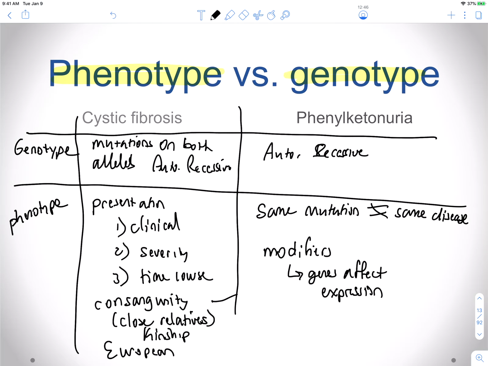And so consanguinity has been shown to link to these modifiers, mutations in modifier genes that can result in different phenotypes within the phenylketonuria disease. And this has kinship also, and it's mostly in the Middle East.